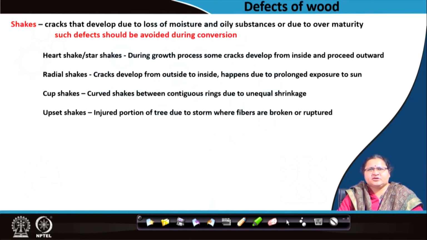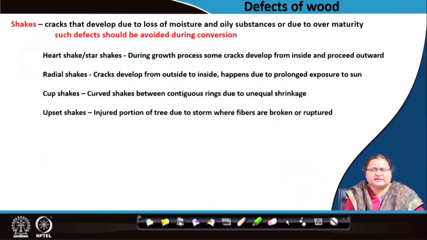Such defects should be avoided when we are converting the wood. As we have talked of the different types of conversion, in some cases we may be able to avoid such defects, and in some cases we keep the defects along with it and we get inferior strength of the wood.